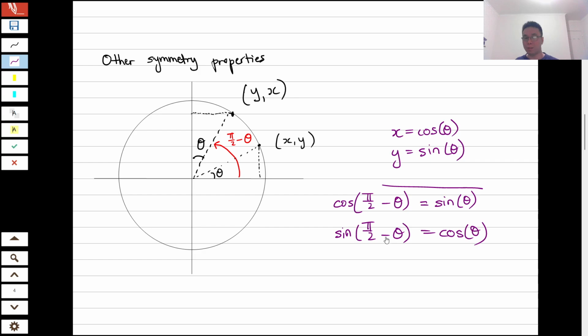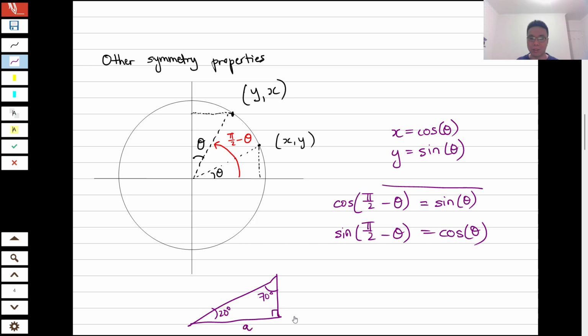Now, this looks a bit abstract, so I want to make this concrete with a very simple example. Imagine I gave you a right-angled triangle with angles 20 degrees and 70 degrees.